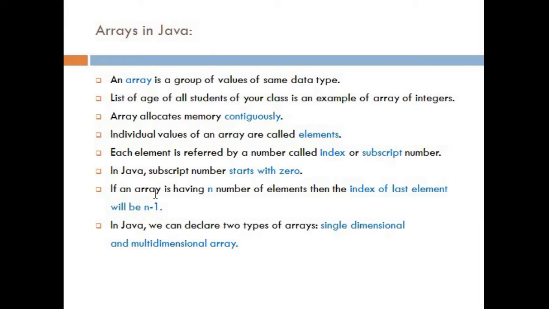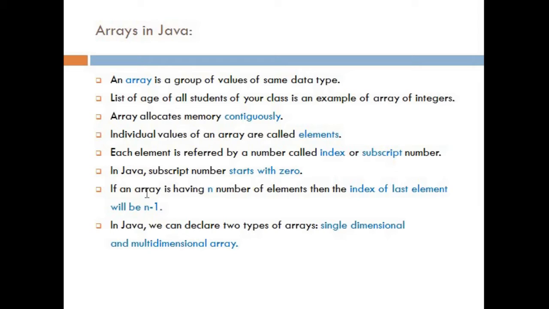With n equal to 10, n minus 1 gives 10 minus 1, which is 9. This shows that for an array having 10 elements, the index of the last element will be 9.